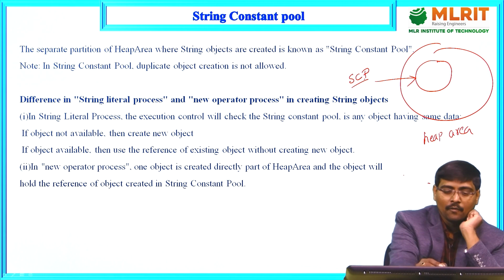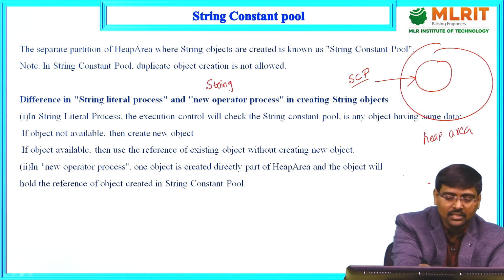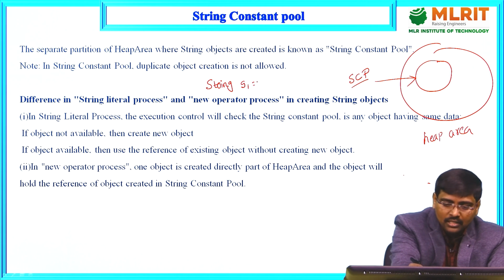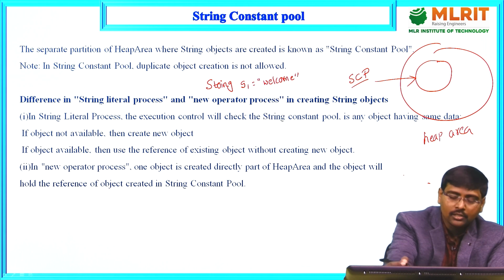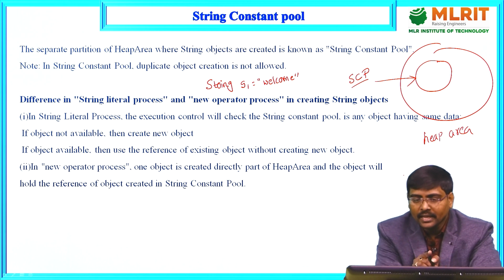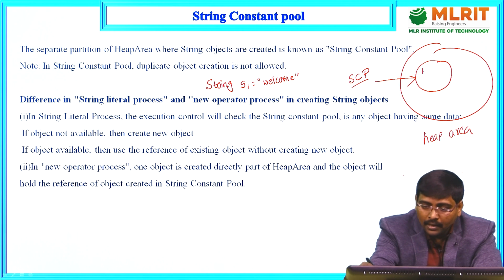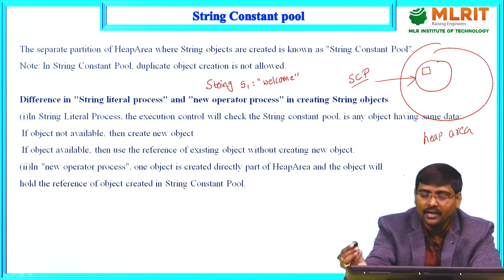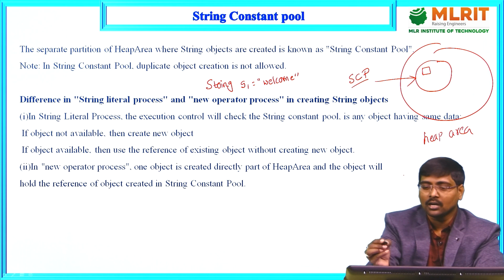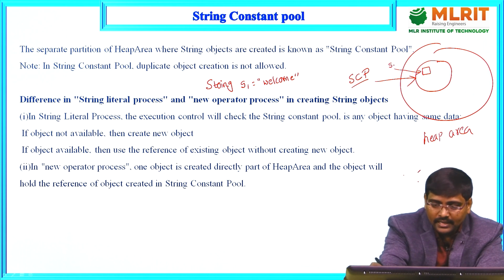First thing, for example, if I create a string like this, String S1 is equal to welcome. Whenever I create the string by using string literal, the memory is allocated inside the string constant pool and this is referred by S1.